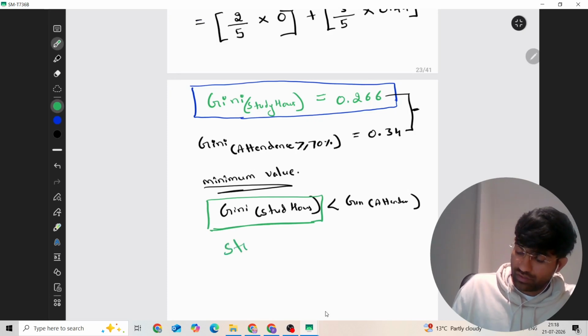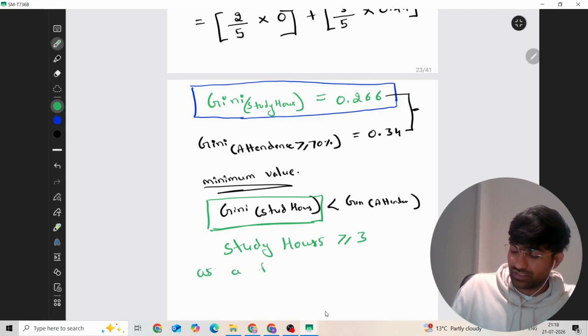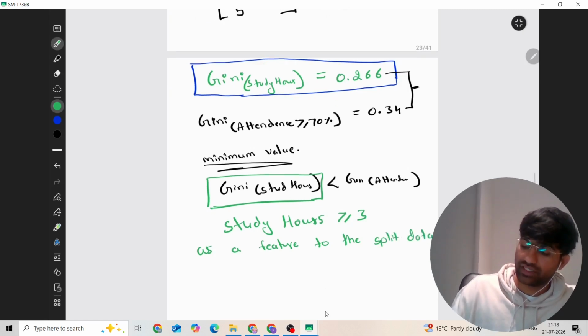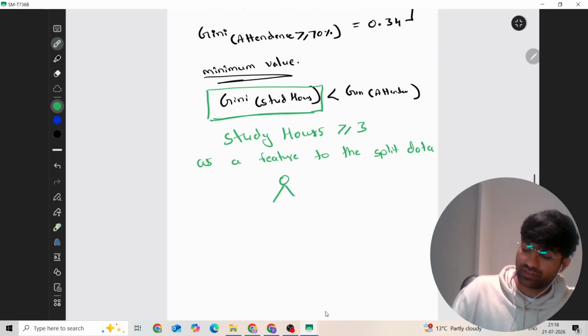The column study hours greater than or equal to 3 is chosen as the feature to split the data, and it will start building the decision tree.